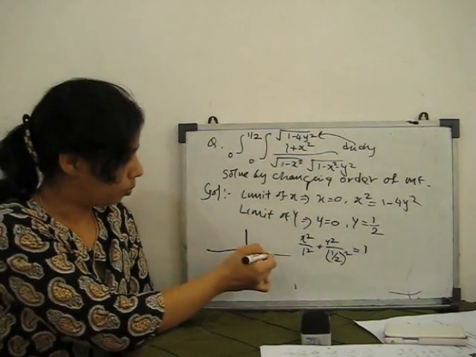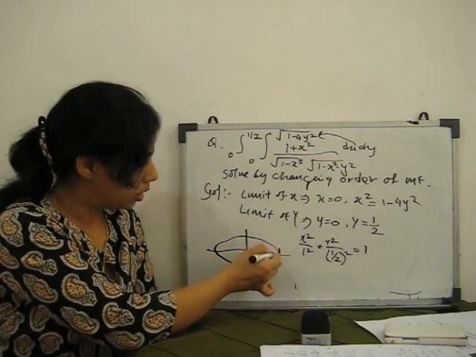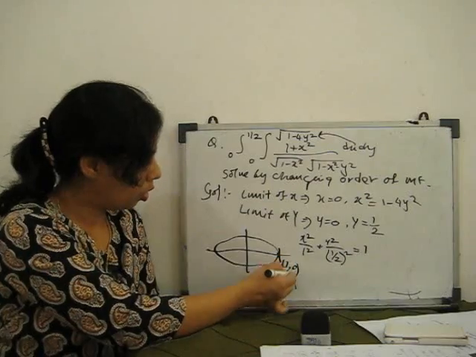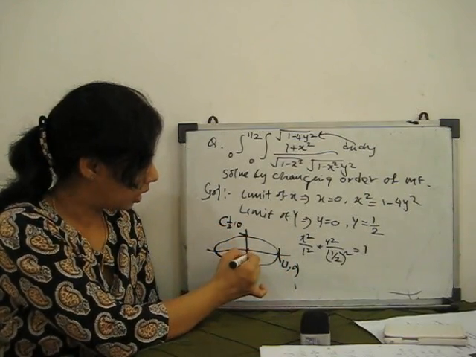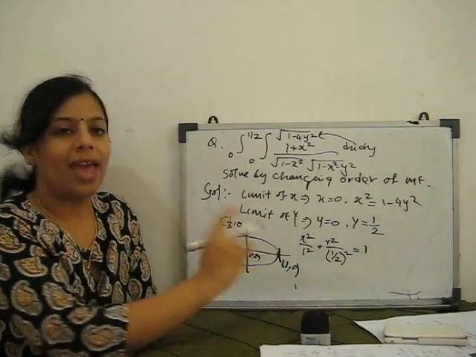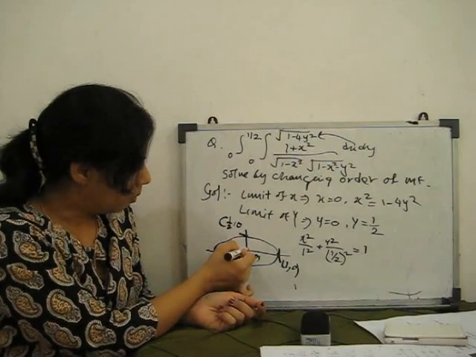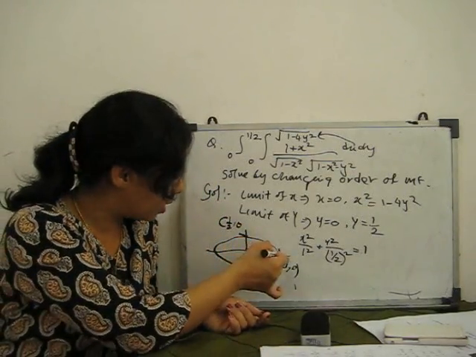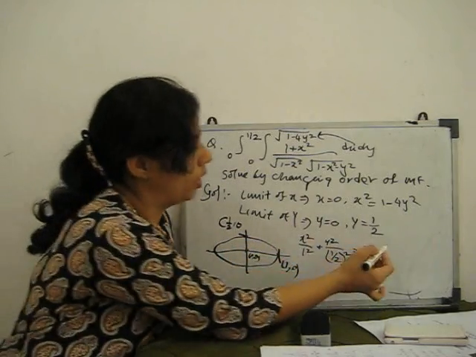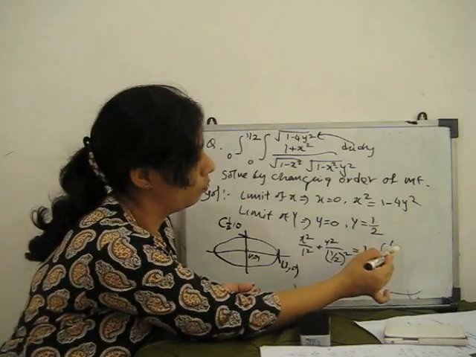When you plot this ellipse, this is 1 comma 0 and this is 1 by 2 comma 0, the center is 0, 0. So y varies from 0 to 1 by 2, but when we want to find x in terms of constant, x varies from 0 to 1. So limit of x is 0 to 1.